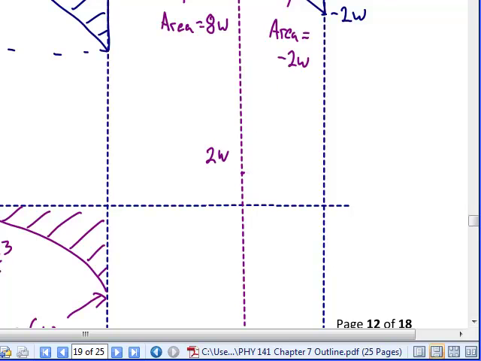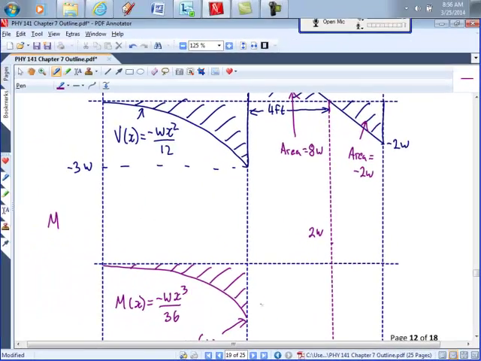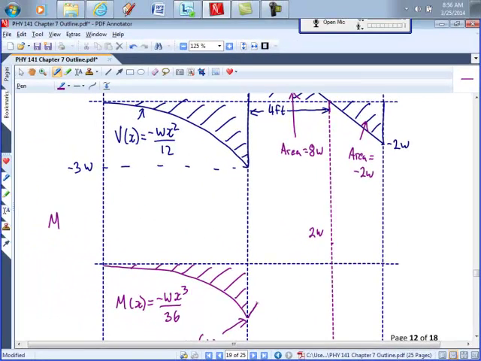And then for the last little bit, we're going to go down by negative 2w, so we're going to finish at 0, which is, again, our check. So this is going to be a parabola. It's going to look something like that. Then when we shade that in, it's going to look like that.